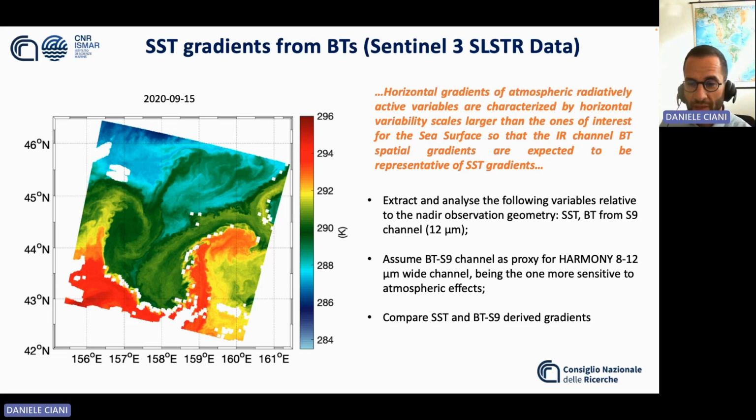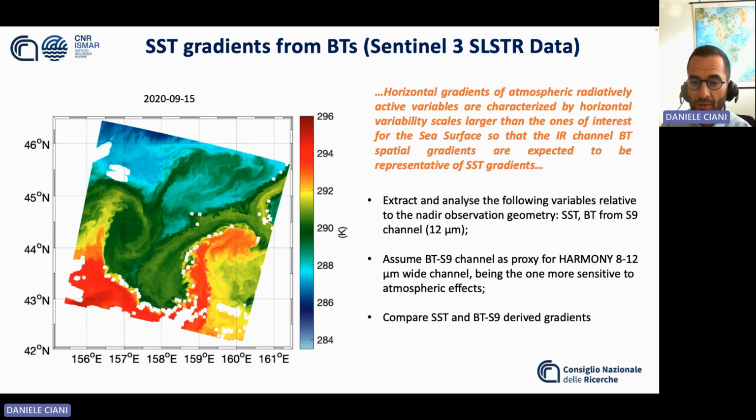From this image, which is actually given by a GHRSST level 2P dataset, we extracted sea surface temperature and also brightness temperature from the S9 channel, which is the one centered at roughly 12 micrometers.